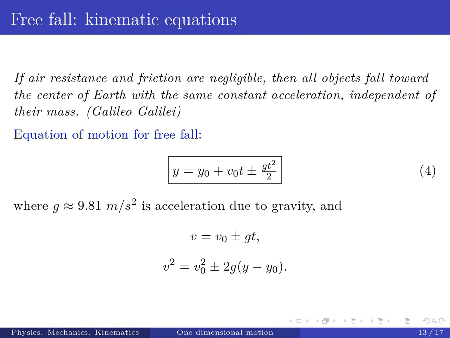For example, if two objects with different masses are dropped simultaneously from the same height, neglecting air resistance, both will experience the same motion and hit the ground at the same time. This idealized motion, in which air resistance is absent, is referred to as free fall motion.